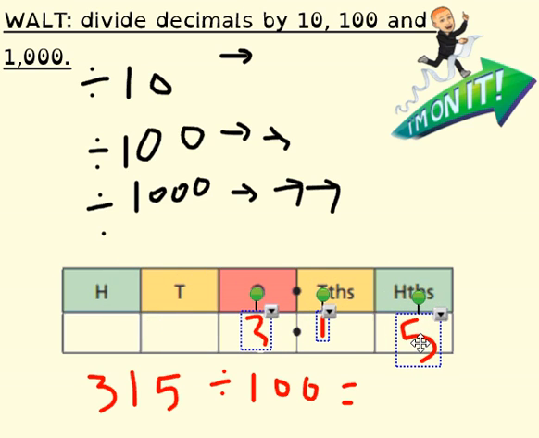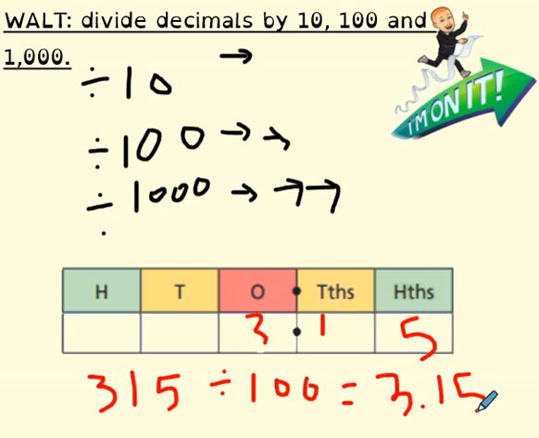So my final answer would be 3.15. Again, in some of your questions today, the operation might be missing. So you've got to work out how you get from your start number to your end number by performing either a divide by 10, a divide by 100, or divide by 1,000. In this case, the answer obviously is divide by 100 because I've just modelled that to you.